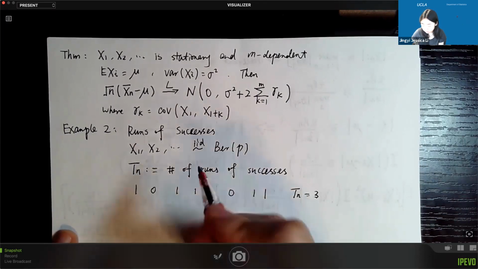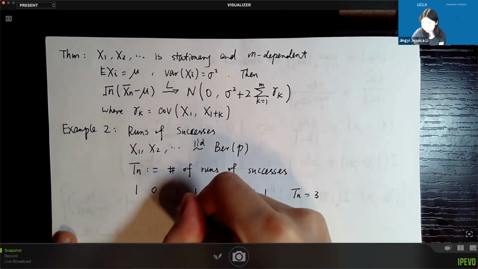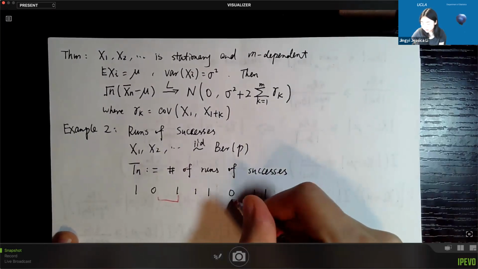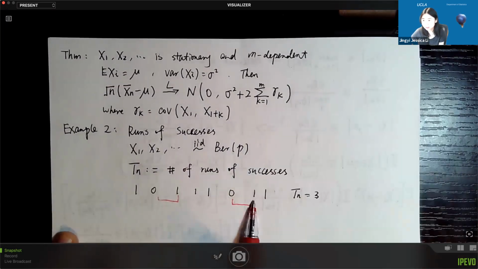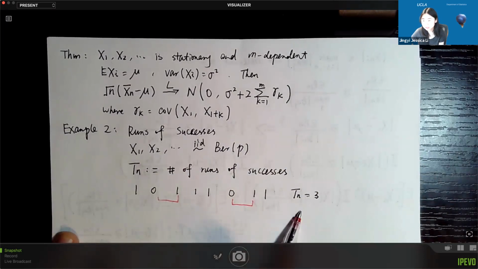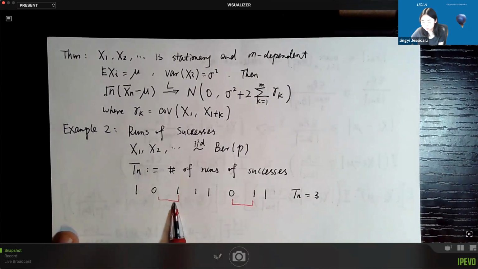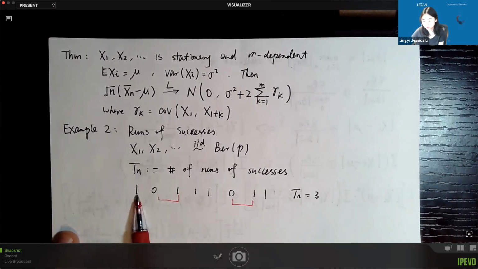That is, this one is 1 and the previous one is 0. So is this one. So we must have a 0 before the next run, so we can call it a run. So this is the pattern we want to use to define the run of successes. But as I said, this pattern doesn't apply to the first one, because if the first one is a run, then it must be 1 by itself.